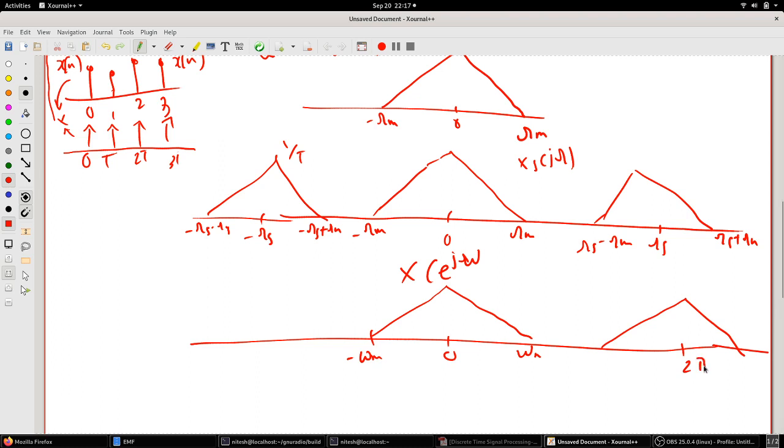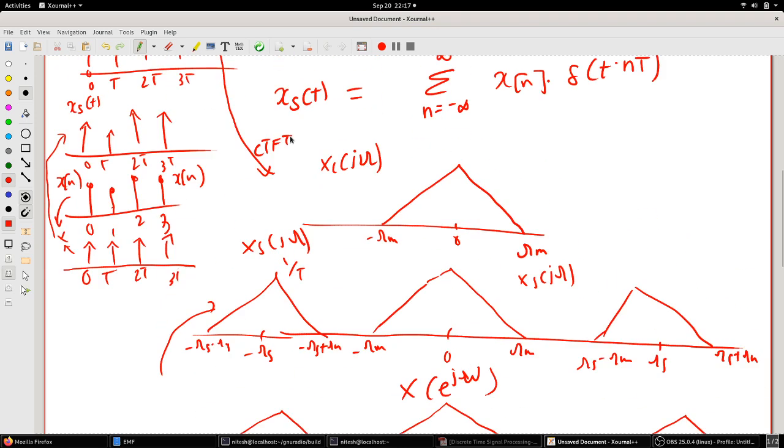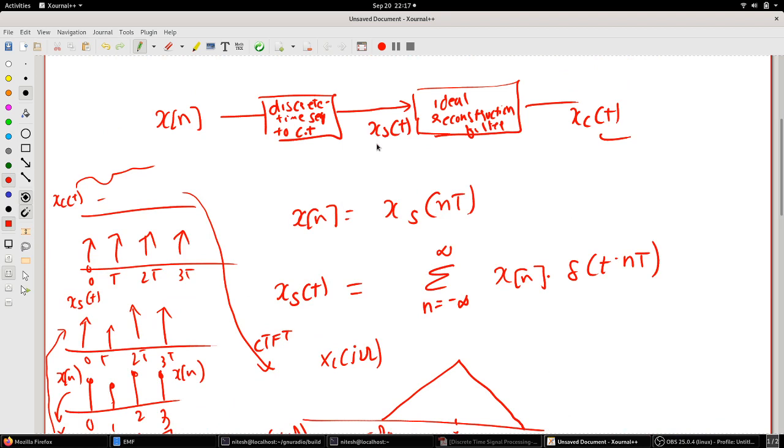So this was 2 pi, omega s became 2 pi, and so on. So this was how you had obtained the values omega m. Now what we are trying to do here is from x of e raised to j omega, you have got this back. This is your xs of j omega. Since here in your diagram in the time domain, you have got this back, xs of t, which has got a Fourier transform of xs of j omega.